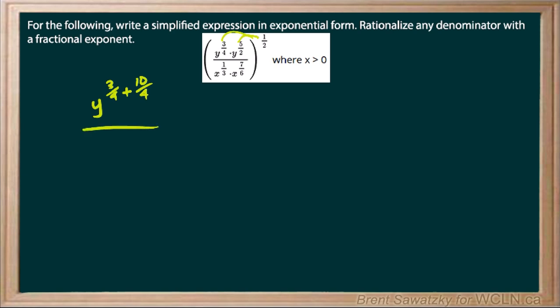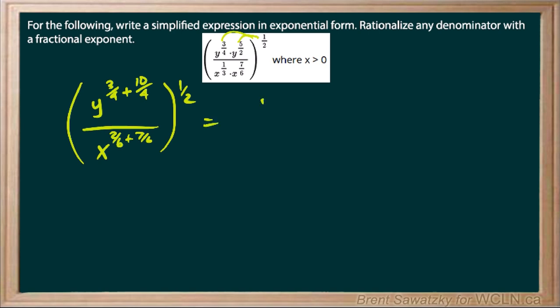On the bottom, we're dealing with x in the same way, multiplying with the same base, so we're going to add the exponents. And so that would be 2/6. So multiply top and bottom by 2 plus 7/6. And then we will do this so we don't forget our 1/2 for dealing with later.